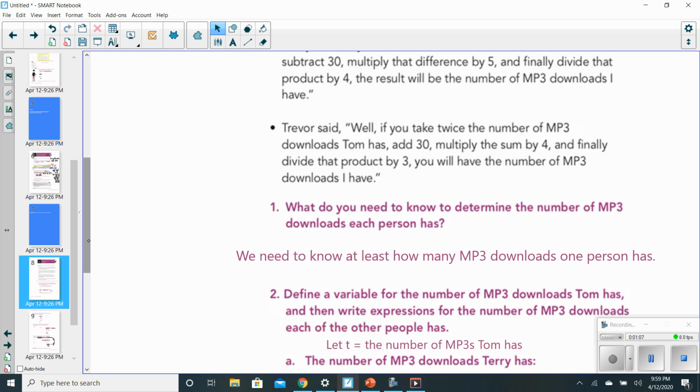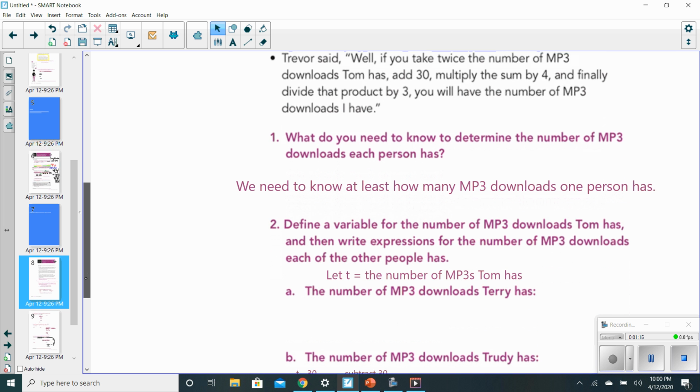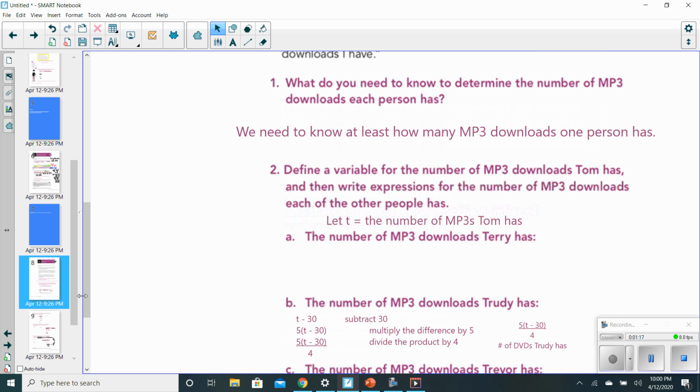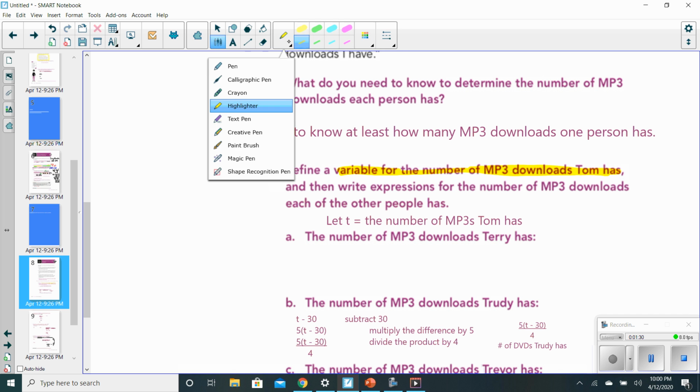Well, the first thing we need to know is, what is the least number of MP3 downloads one person has? If we don't know that, there's no way we're going to be able to solve this. So we need to define a variable for the number of MP3 downloads that Tom has. So what does this mean? This means we need to figure out what variable we can use to represent the number of downloads that Tom has.